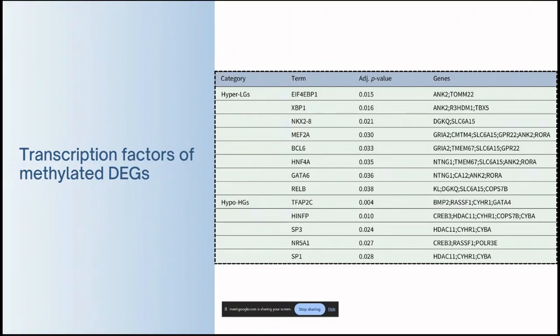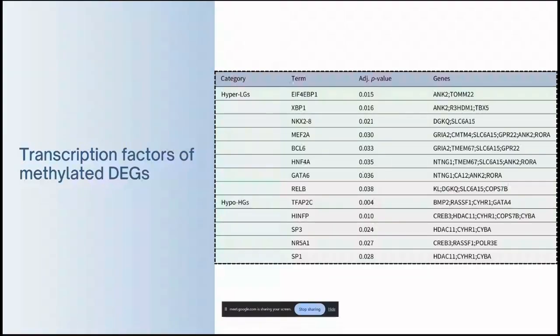Hypomethylated high-expressed genes, that means TFAP2C, HINFP, SP1, SP3, such as SP1 is a widely acting transcription factor, cell cycle and chromatin regulation, hormonal and developmental gene regulation.